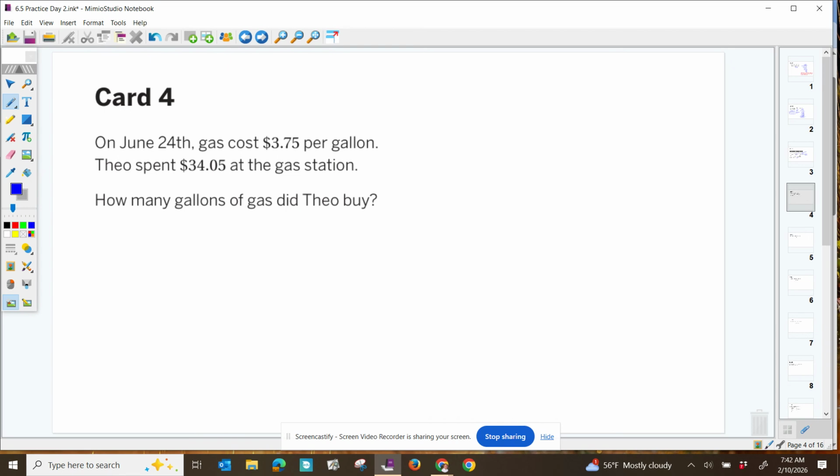Okay, this is going to be ugly. So the first number you see in this case is going to be outside. So I have 3.75, and I'm trying to see how many gallons 34.05. So I move the decimal 2 spots. I've got the 375.